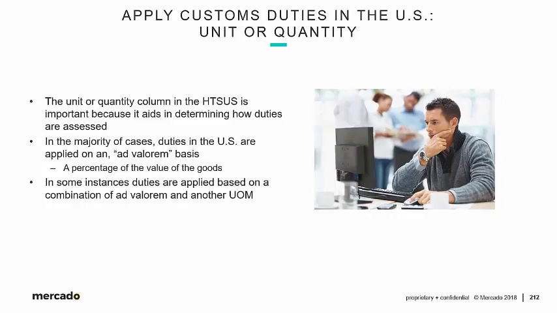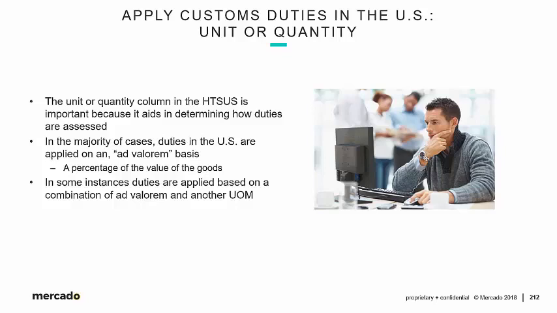Last slide in this section, continuing on with unit or quantity. The unit or quantity column in the HTS US is important because it aids in determining how duties are assessed. In the majority of cases, duties in the US are applied on what is called an ad valorem basis, which is a percentage of the value of the goods. It doesn't have to be that way.